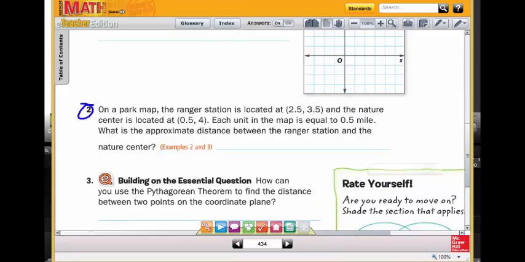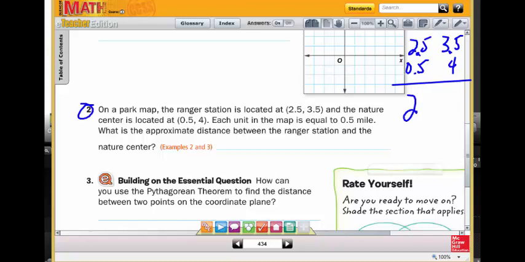Problem number 2. On the park map, the ranger station is located at 2.5, 3.5. Let's put that right here, 2.5, 3.5. And the nature center is at 0.5 and 4. So it's 0.5 and 4. So from 1/2 up to 2.5, you should see is 2 units.